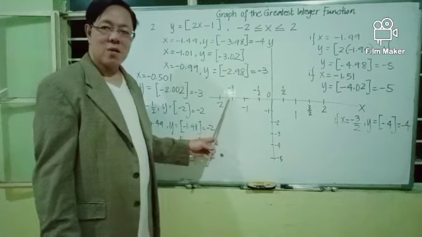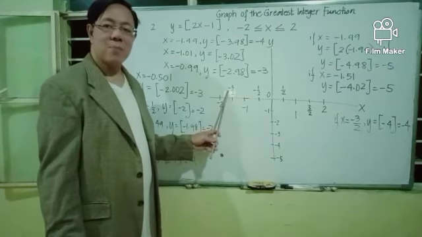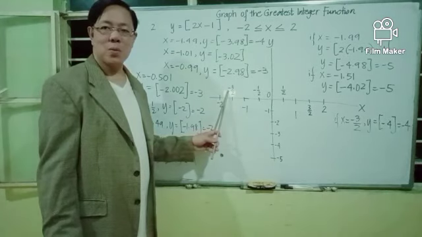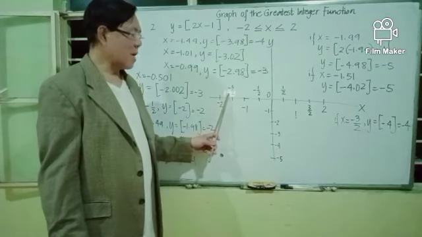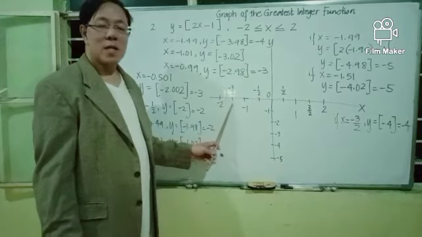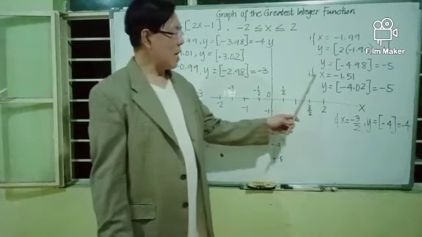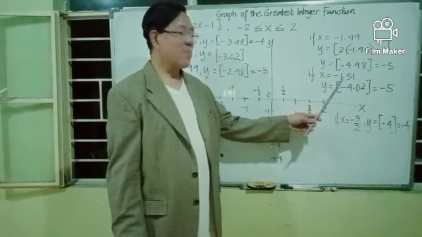Now we take a value of x that is very close to negative 1.5 or negative 3 over 2, but less than negative 3 over 2, or less than negative 1.5. I will take x equals negative 1.51.